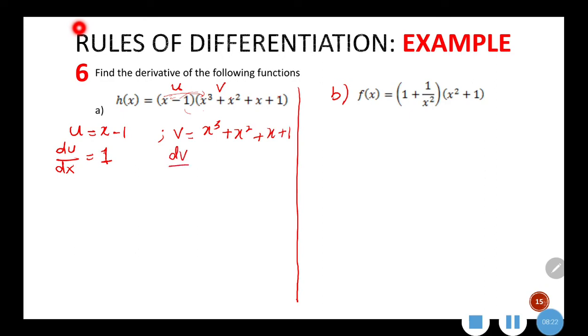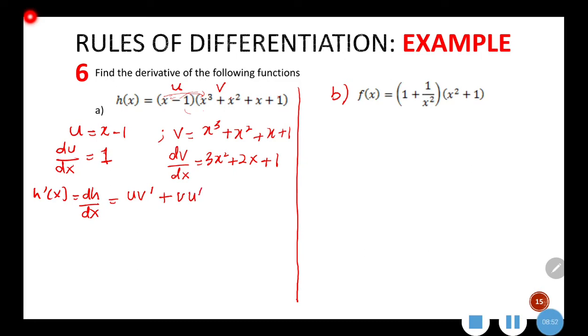Then dv over dx is equal to, differentiating x cube, you get 3x square plus 2x plus 1. Then h prime x, or dh over dx, is equal to u v prime plus v u prime.